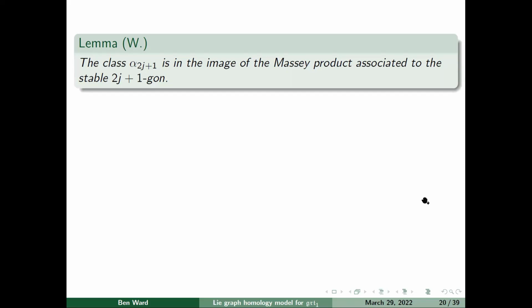Okay, so first I needed a calculation. So this class alpha 2j plus 1, it's the image of the Massey product. So remember, that's this operation of contracting a graph associated to a stable 2j plus 1 gon. So let me see what I mean by that. And then we can just look at the case j equals 3 for example.